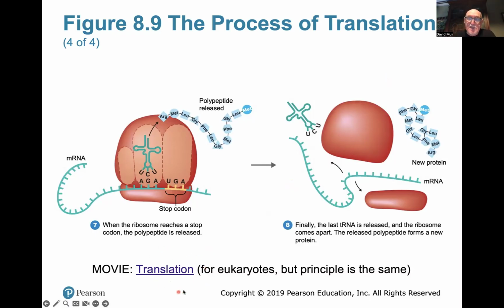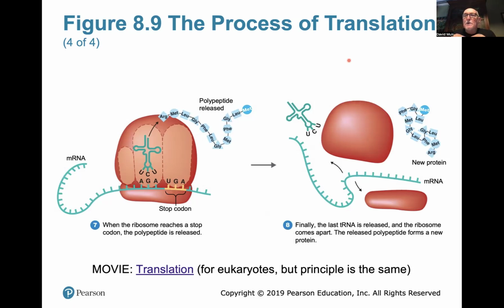Now, I must just tell you that the movie is actually about translation in eukaryotes. In eukaryotes, translation is a little bit different because all the genetic information, or most of it, is contained in the nucleus. So the messenger RNA strands are produced in the nucleus, and they have to be exported into the cytoplasm.